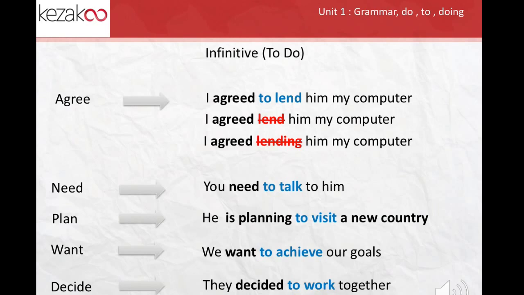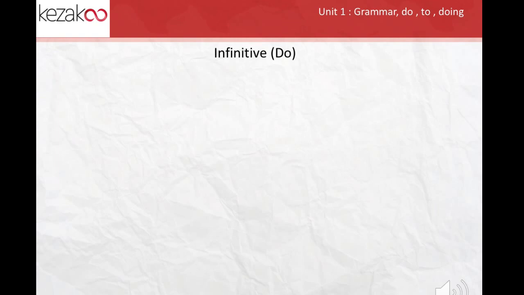Now we will talk about another form of infinitive, which is only with the form of do. For instance, the verb let. We will see an example. Let me go. So the verb let is followed by another verb, which is go, but we are not using the form to do.